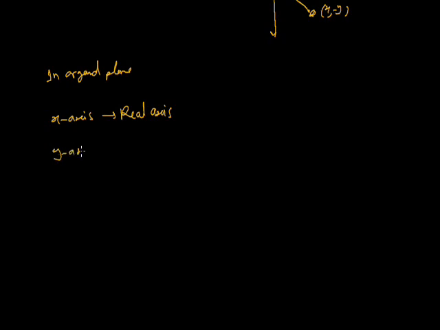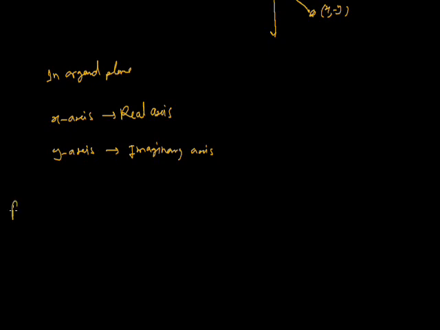Similarly, the y-axis is the imaginary axis, so the imaginary part of any complex number we can put on the y-axis. So in this diagram, P is the point x comma y and Q is the mirror image of P, which is x comma minus y.